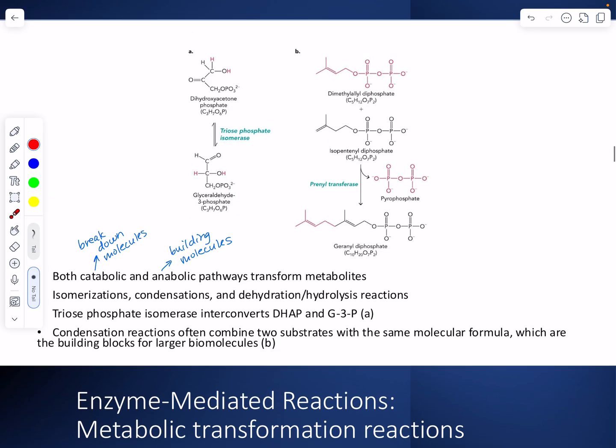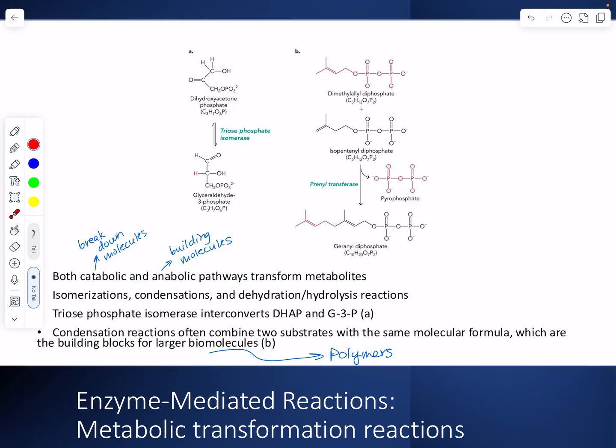So a lot of times in biochemistry, we often combine substrates with the same molecular formula, so we're making polymers. That's what we're referring to here. Okay, so these are things like triose phosphate isomerase, which is an enzyme that takes dihydroxyacetone phosphate and rearranges it to form glyceraldehyde 3-phosphate, right?